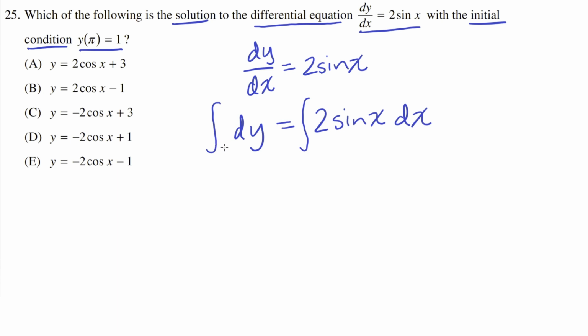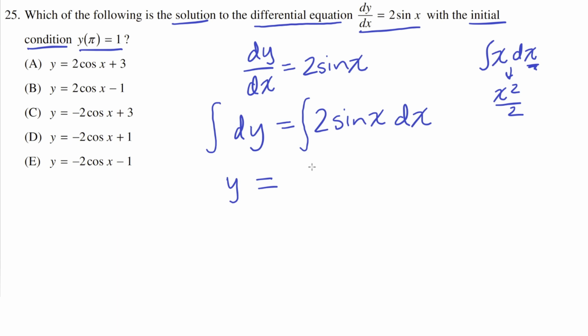So the integral of 1 with respect to y is just equal to y, in the same way that the integral of x dx is just x squared over 2. You take the integral of whatever's inside the integrand, in this case a 1, with respect to the variable in the differential. So a constant like 1 becomes y.